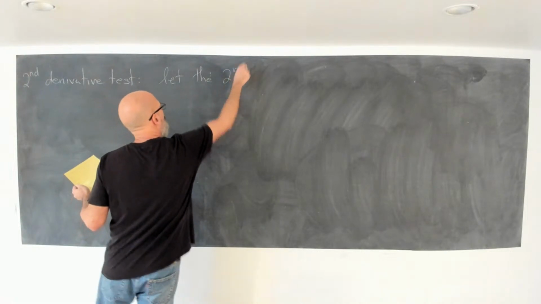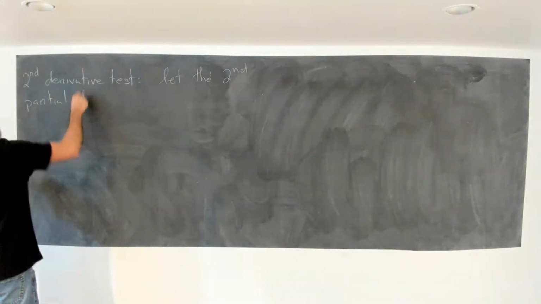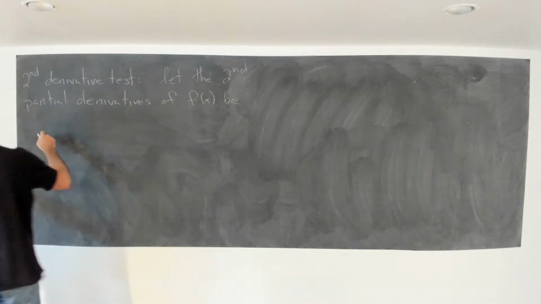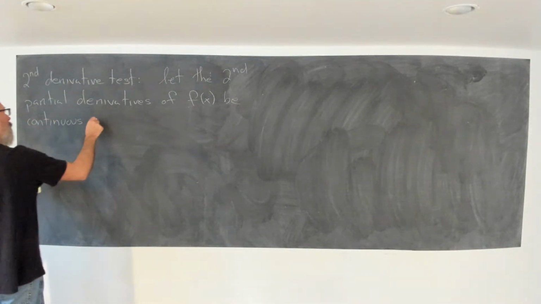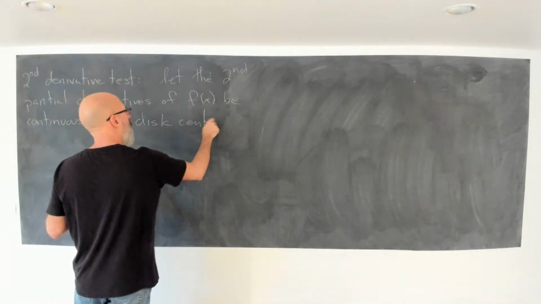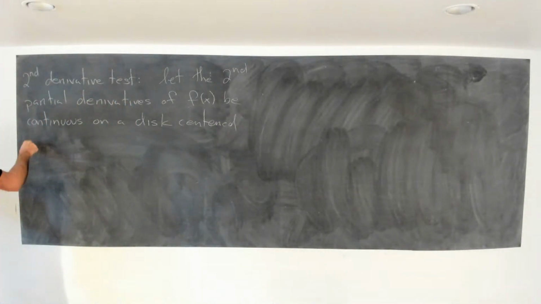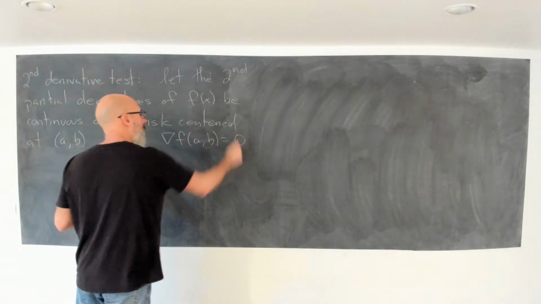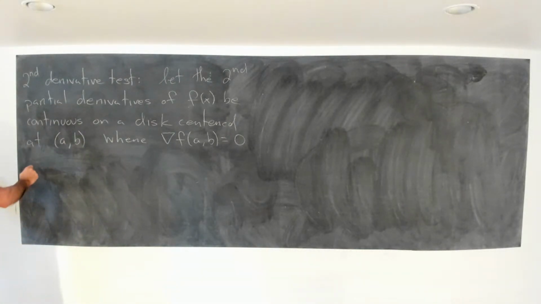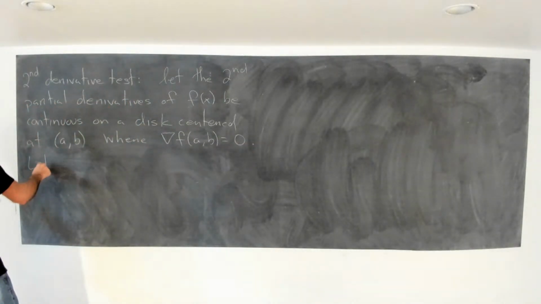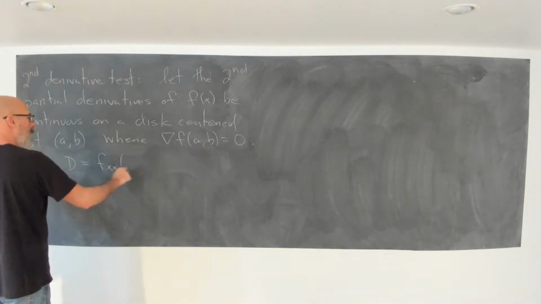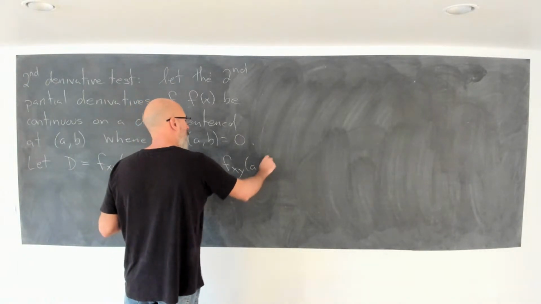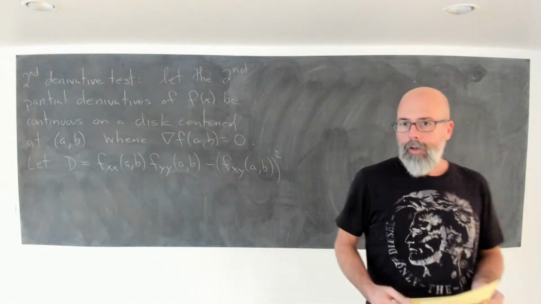Let the second partial derivatives of f of x, y be continuous on a disk centered at (a, b), where the gradient of f at (a, b) is 0. Let D be this, and let D be this.